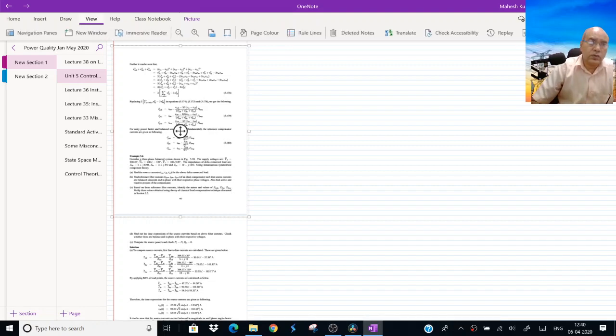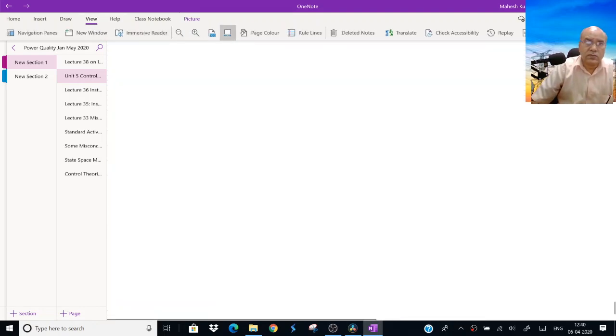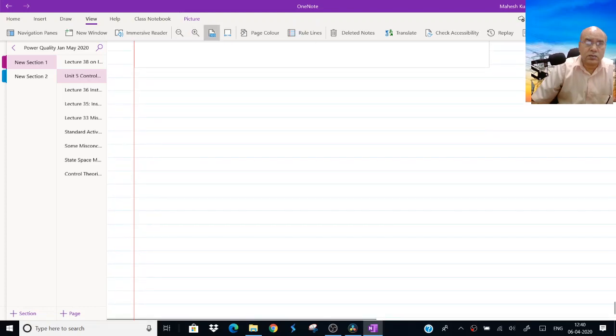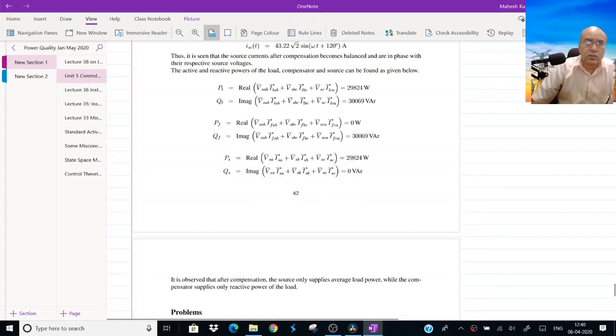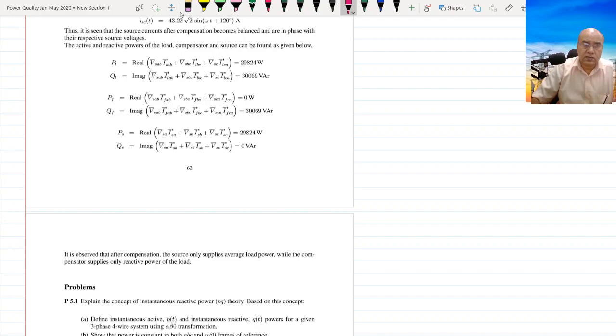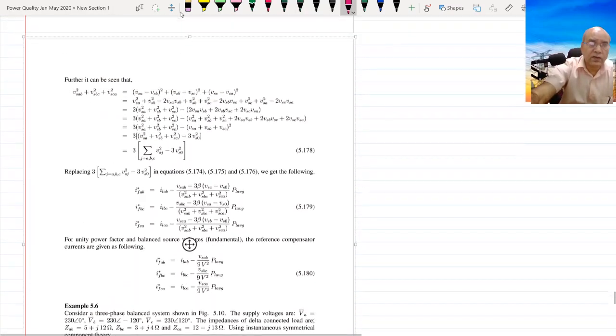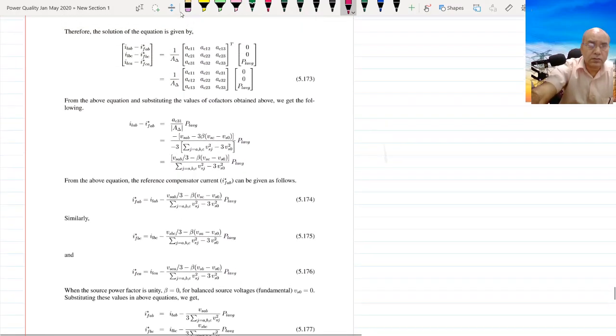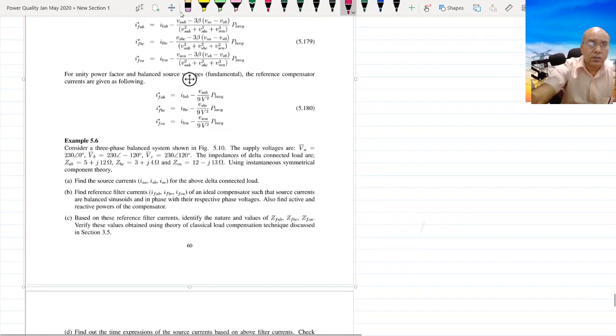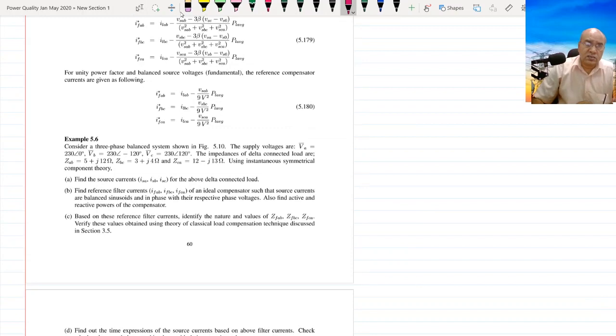Go to the view and make up the size. F11. All right. So this example is about the three-phase, three-wire system here.